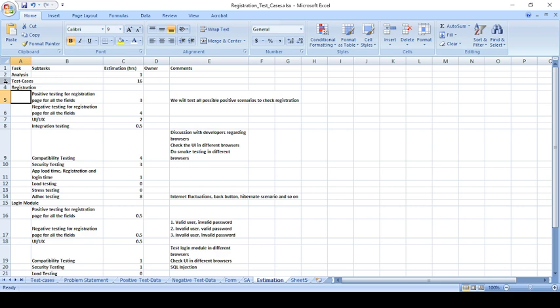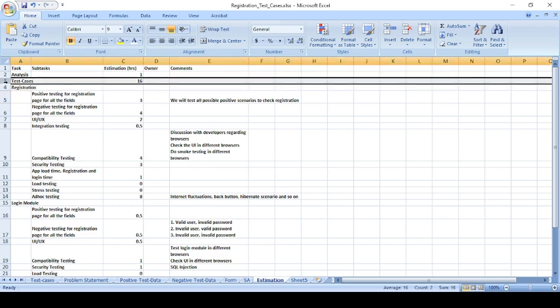Then always include the time that is required to write test cases. Now, for a fresher, writing the test cases for registration and login module can take 2 days. If you want me to write, I can write it down in 2 or 3 hours. An experienced person can write it in 2 to 3 hours, but here I am thinking from a fresher's perspective, for someone who has just joined IT as a software tester.